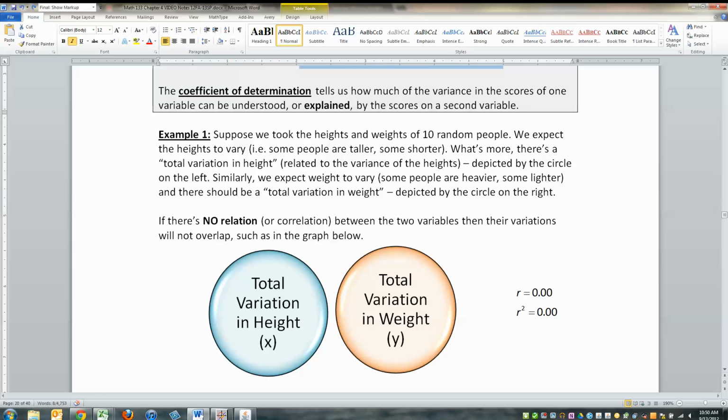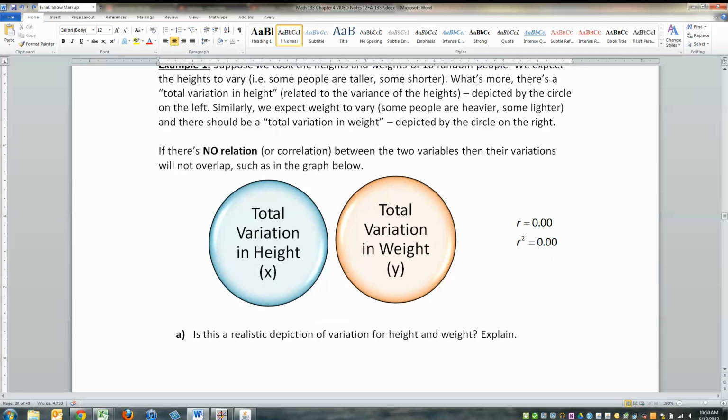Now, if there was no relation at all between the two variables, then their variations would not overlap. The variability in height would have no relation whatsoever to how much I weigh, and that would lead to a correlation coefficient of 0, and therefore R squared would also be 0, because they're not related to each other.